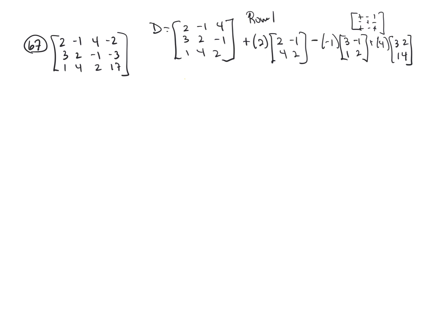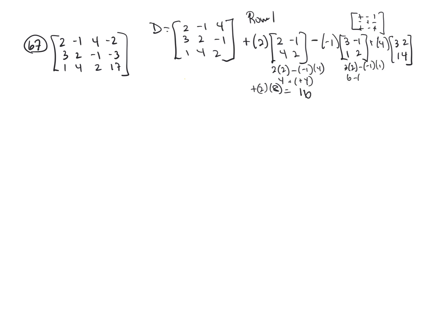We're going to do a little math here. We're going to do 2 times 2 minus -1 times 4. So we have 4 minus -4 is 8. So we have positive 2 times 8 is 16. Then we will have 3 times 2 minus negative 1 times 1.